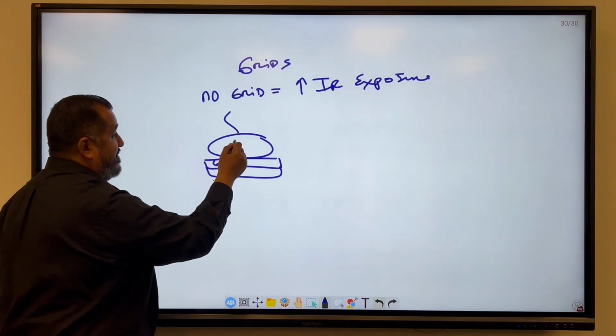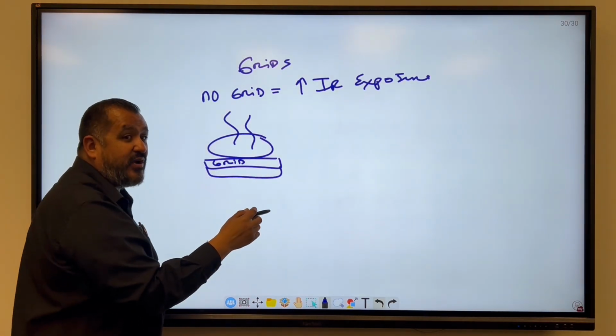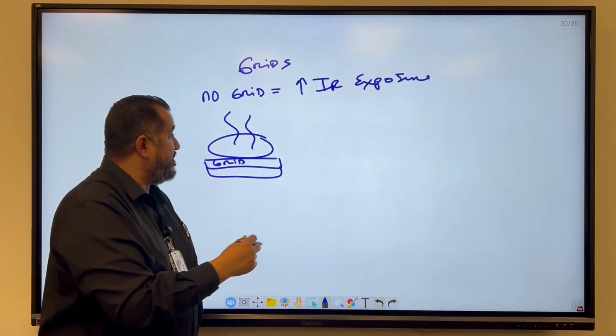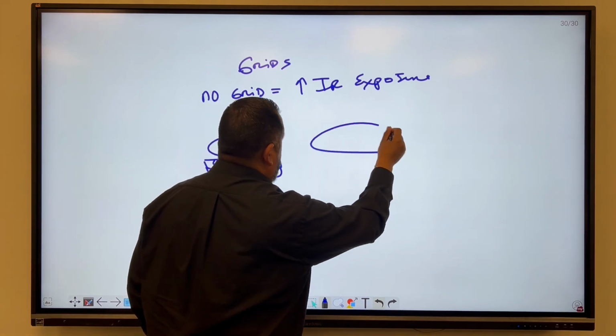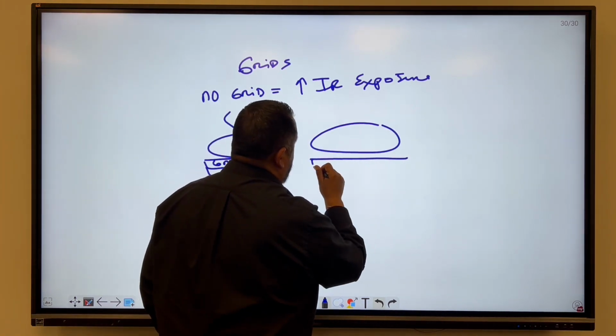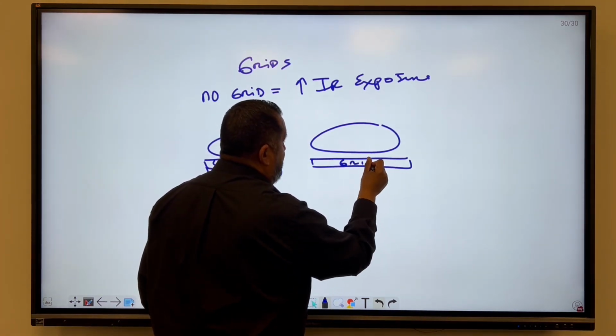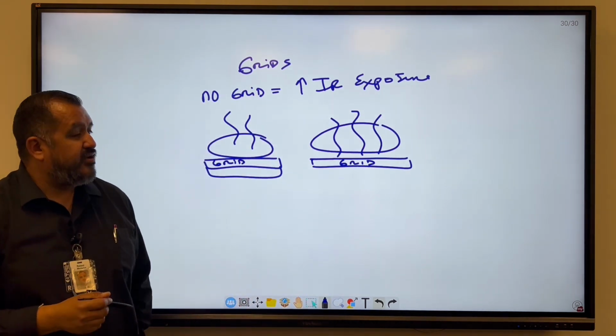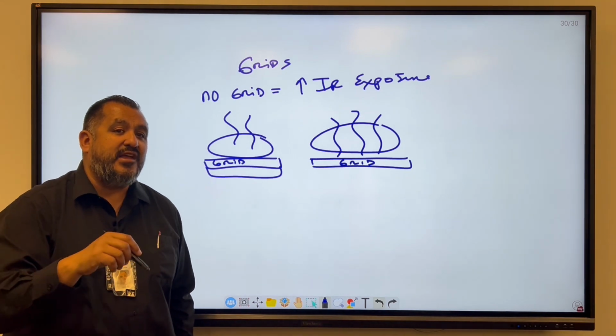It's going to attenuate some of the radiation, correct? That's why you have to go up to compensate when you use a grid. But let's say you take away the grid now. All right, you take away the grid, now you don't have that device to attenuate the radiation. So now you're going to increase your IR exposure by not using a grid.